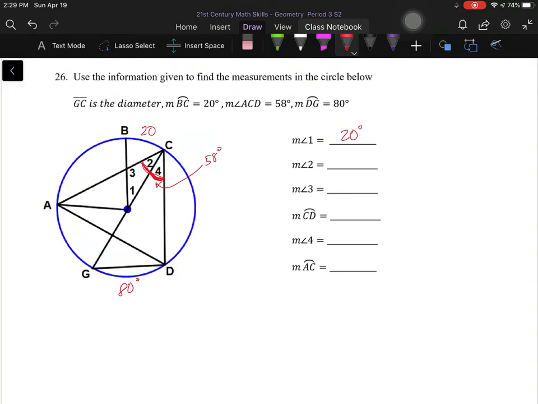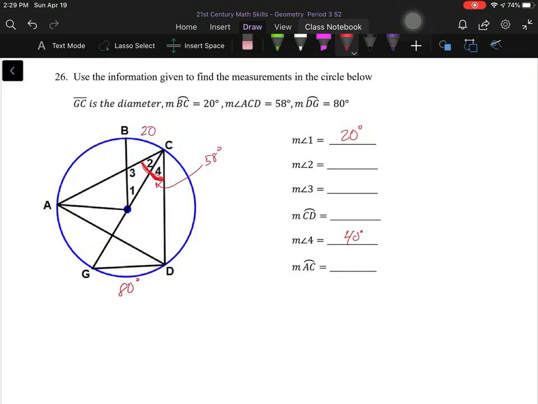So this arc is 80 degrees. Now right away, I can find 4. The measure of angle 4 is an inscribed angle, and its intercepted arc is 80 degrees. So the angle is half the measure of the arc. So I'm going to hop down to the measure of angle 4, and I get 40 degrees.